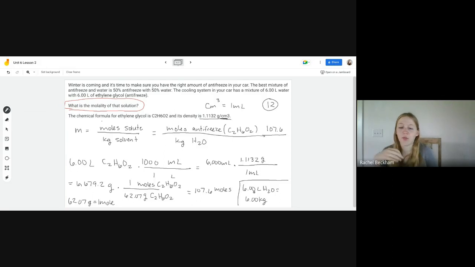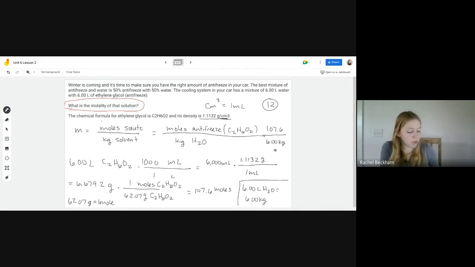For water, the density is 1 to 1. So you go from liters to kilograms. So the kilograms of water is 6.00 because the density of it is 1 to 1. If you have 6 liters, you're going to have 6 kilograms of it. That's only true for water.